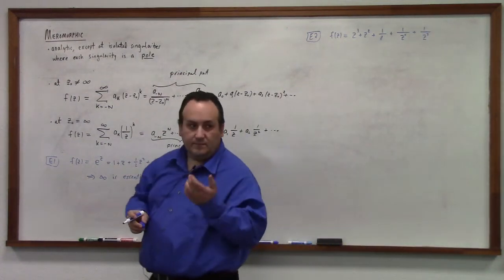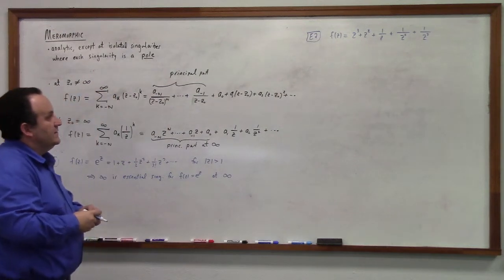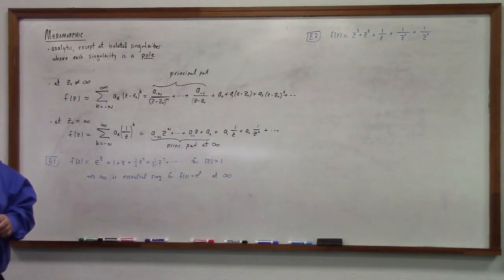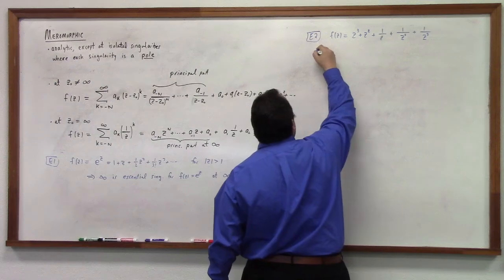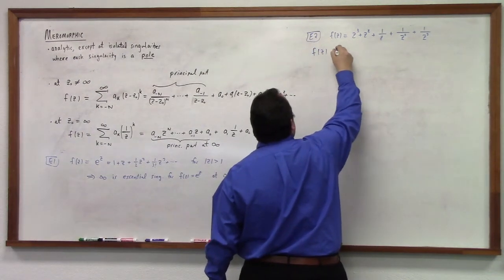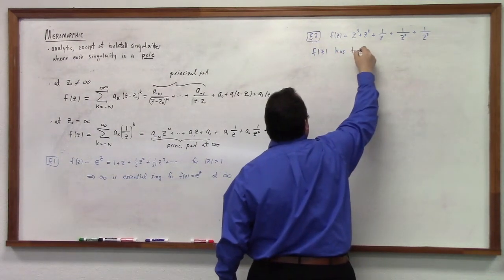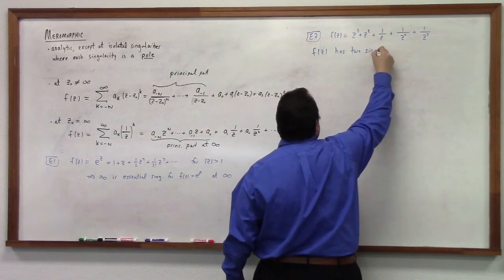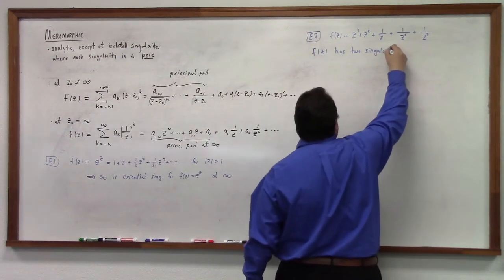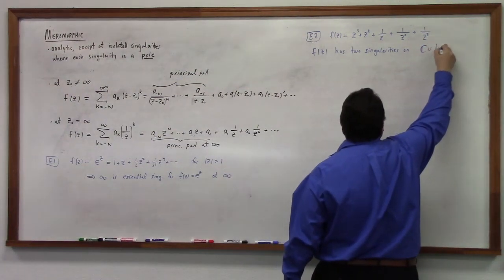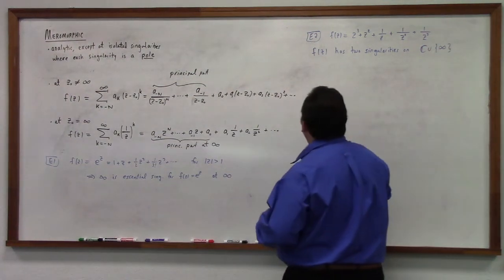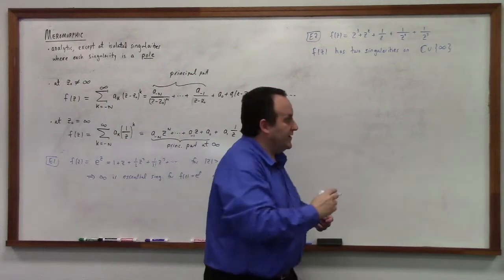So this function, right? This function has two singular points on the extended complex plane. What are they? z is equal to 0, right?